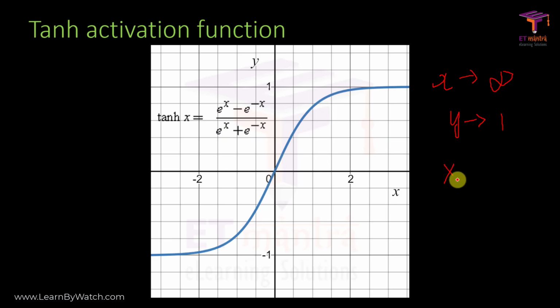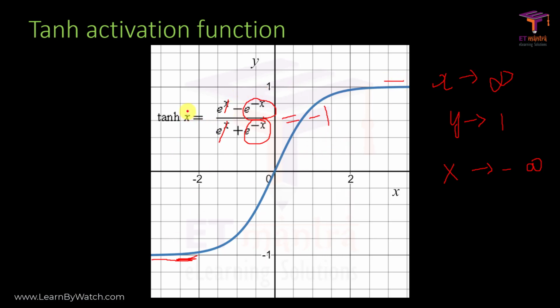The same way, if x tends to minus infinity, then the e raised to power x terms go to 0, and when the remaining terms cancel out, we will be remaining with -1. So you can see here this goes to -1, and on the positive x-axis side it goes till +1.